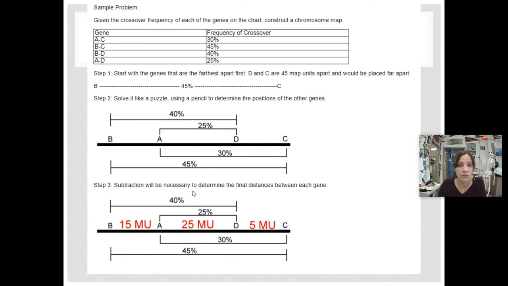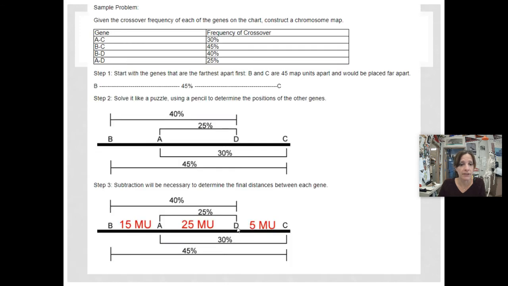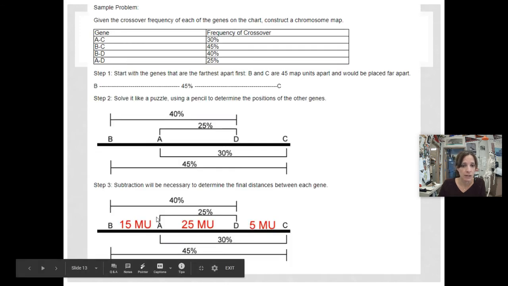Now, to figure out how many map units they are, you're going to have to do some subtraction to find the distance between the genes. So to find this 15 map units, they took 40, which is this whole distance, minus 25, which is this distance, to get 15.